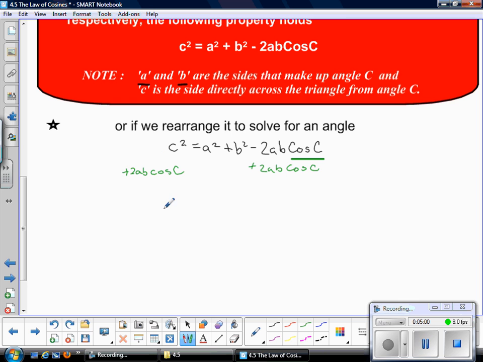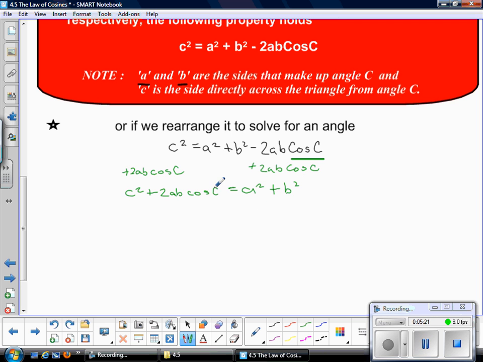So now what I have on this side is c squared plus 2ab cos of C equals a squared plus b squared. Now we're almost finished.